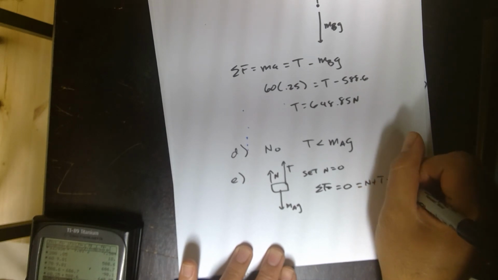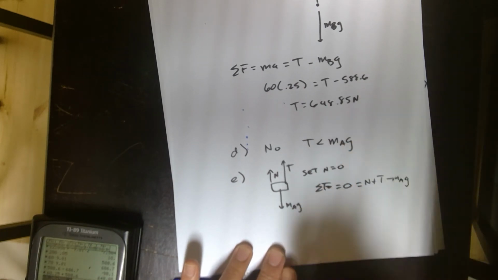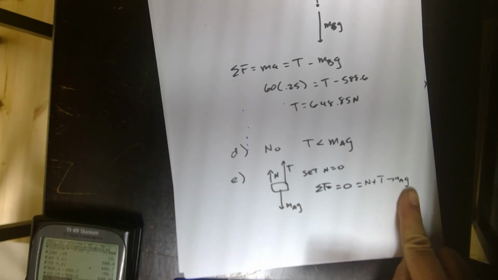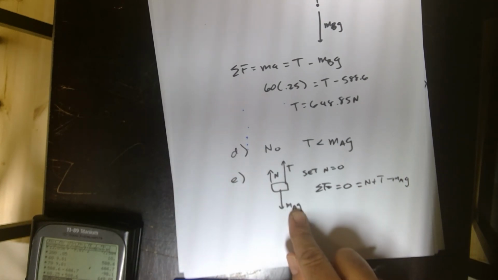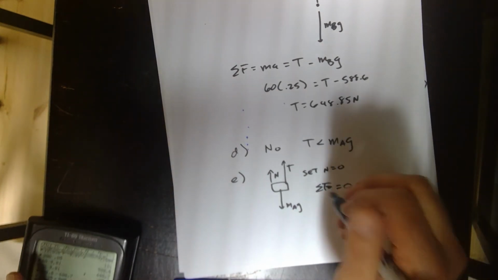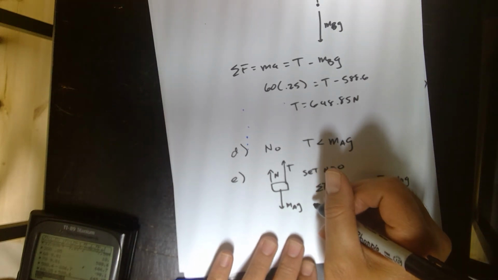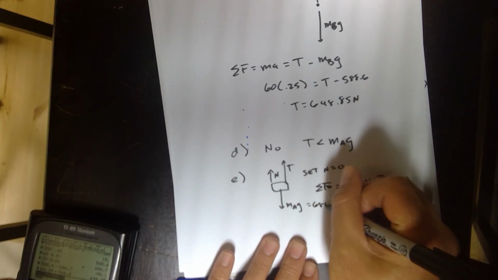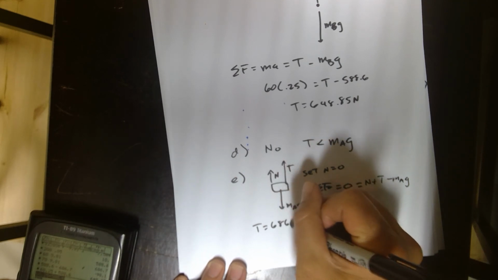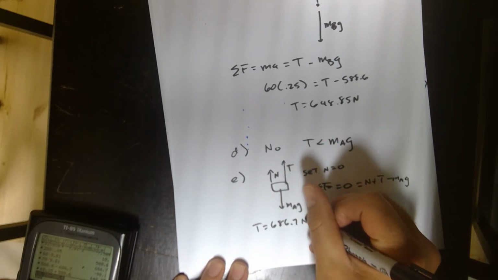N, T, and gravity's down. Once you set N to 0, you find that the tension would be equal to the force of gravity here. And we already know the force of gravity is 686.7. That means that the tension must also be 686.7.